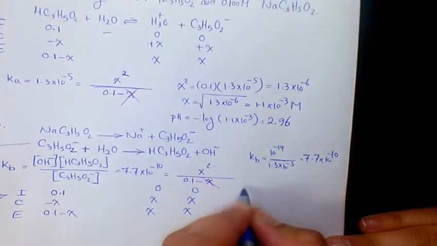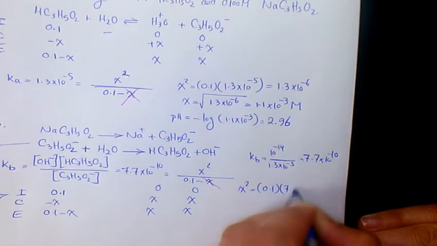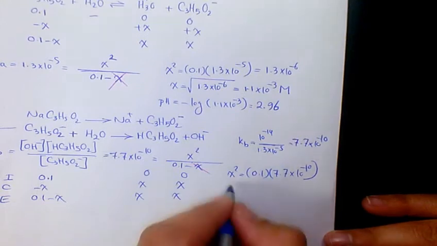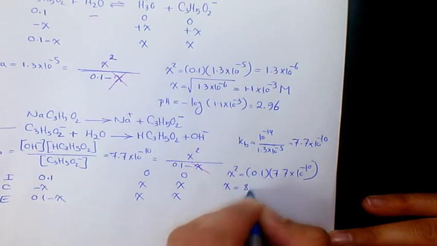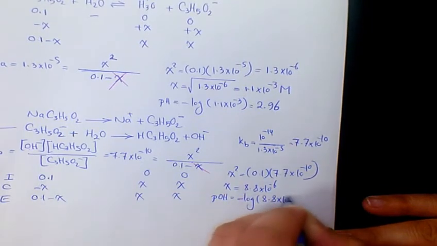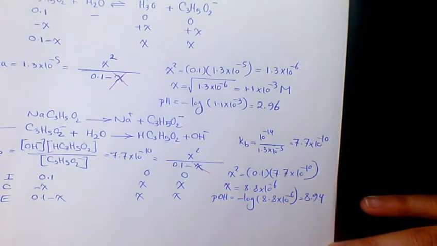We can say x squared equals 0.1 times 7.7 times 10 to the power of negative 10. X will be 8.8 times 10 to the power of negative 6. So pOH will be negative log of x, which is going to be 5.06.